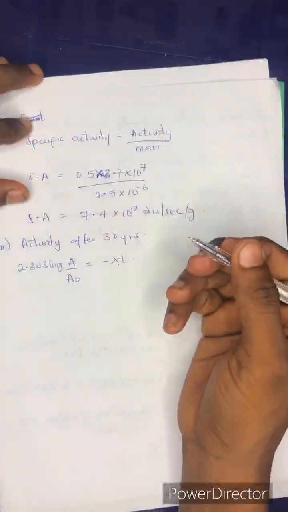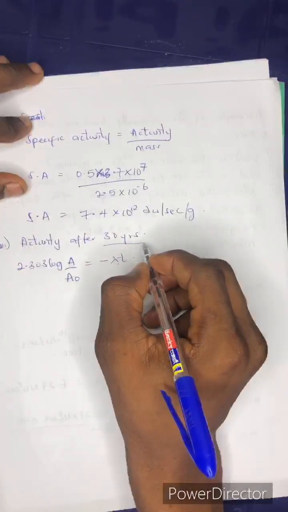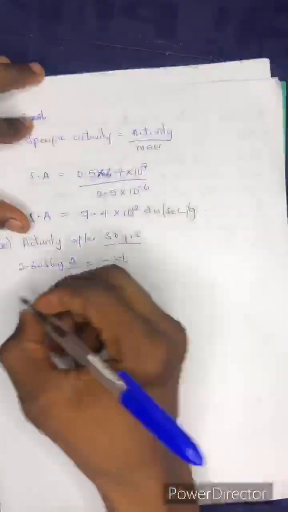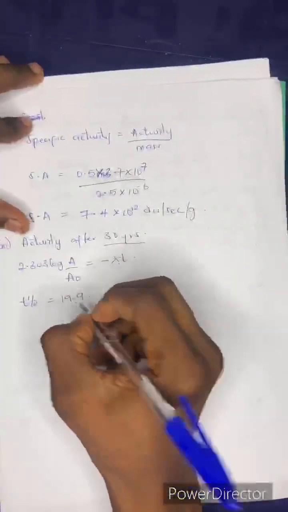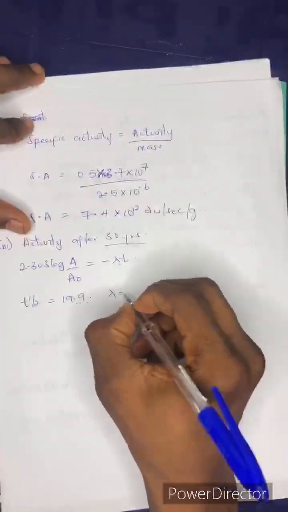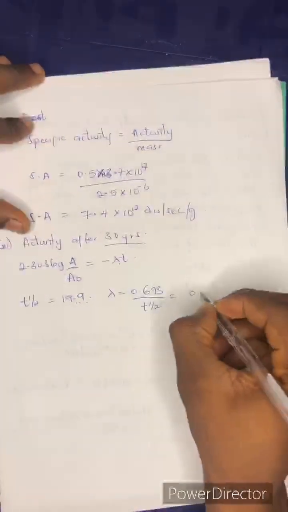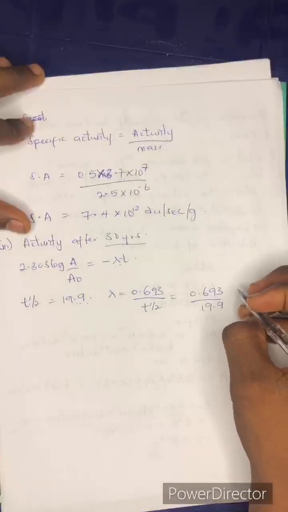We have half-life, but because they said after 30 years, you no longer need to convert your half-life to seconds. You now have to use the half-life in years. They give you your half-life as 19.9, so you use that half-life in years to get our lambda, and lambda is equal to 0.693 over half-life, which is 0.693 over 19.9.